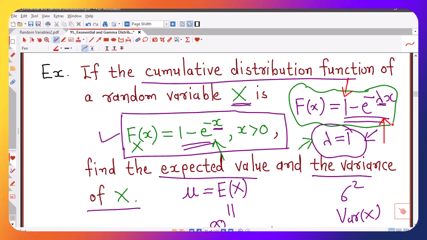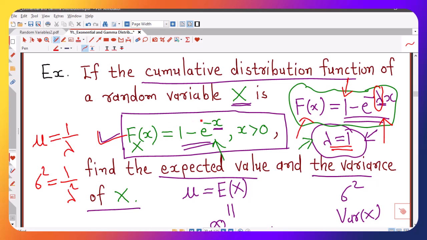If you remember this, then only you will be able to determine whether given CDF is that of exponential random variable or not. And once it is the CDF of exponential random variable, you compare with this standard form, identify the value of lambda, and we know that if lambda is the parameter of exponential distribution, then expected value is given by 1 by lambda, and variance is given by 1 by lambda square.